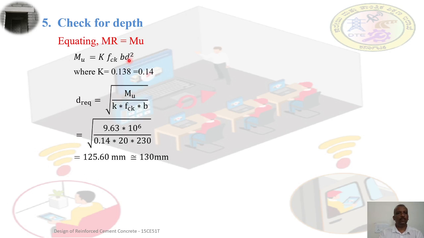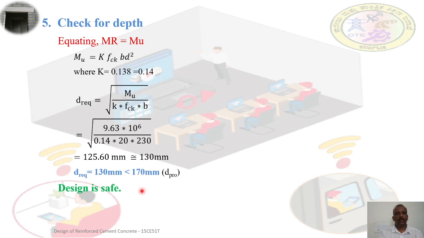We need the depth, that's why D required is equal to the square root of Mu by K FCK into B. Substitute the values of moment, then the constant, then the value of FCK and B. We are getting 125.6, maybe we can call it 130 mm. That is D required, but the D provided is greater than the D required. So I can say that the design is safe. If not, you have to redesign the depth.